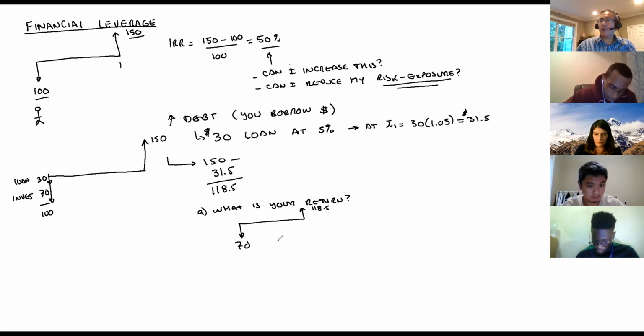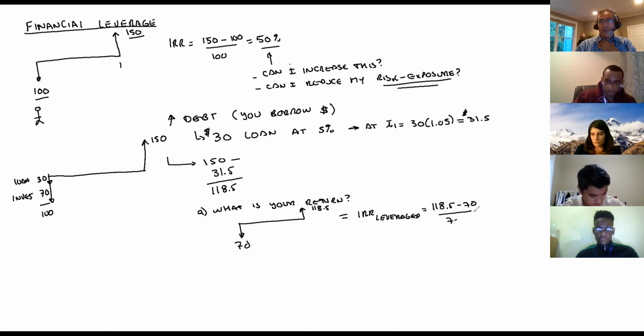This is my own cash flow. Agree with me or not? Yeah. So this is basically your own return. This is leveraged. You compute this as usual, guys: 118.5 minus 70 over 70. Can you tell me this number?